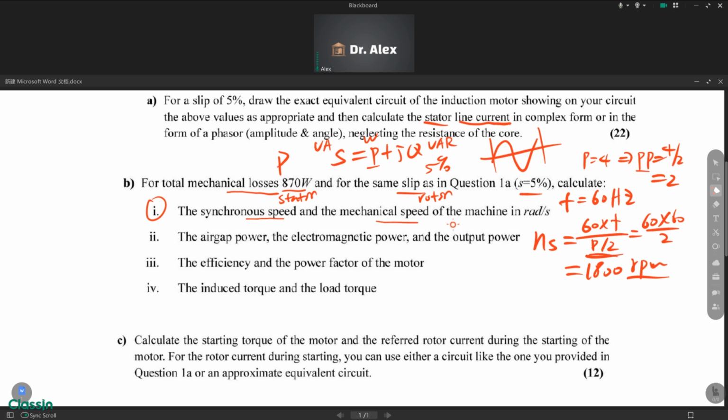So that's the NS. And we know the definition of the slip number S, which is NS subtract NR divided by NS. So the speed NR equals 1 subtract S times NS, which is 0.95 times 1800.